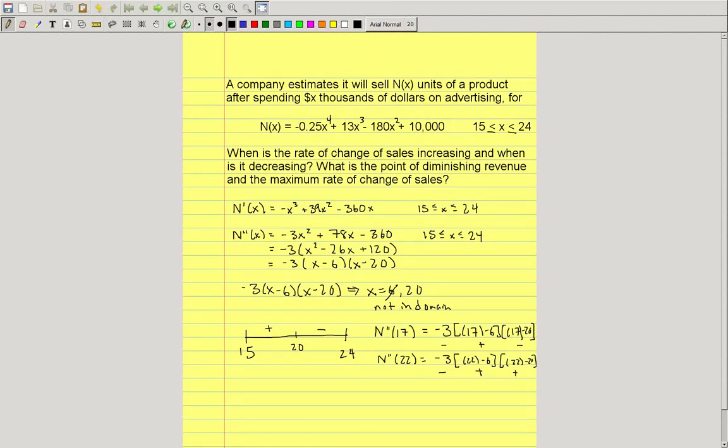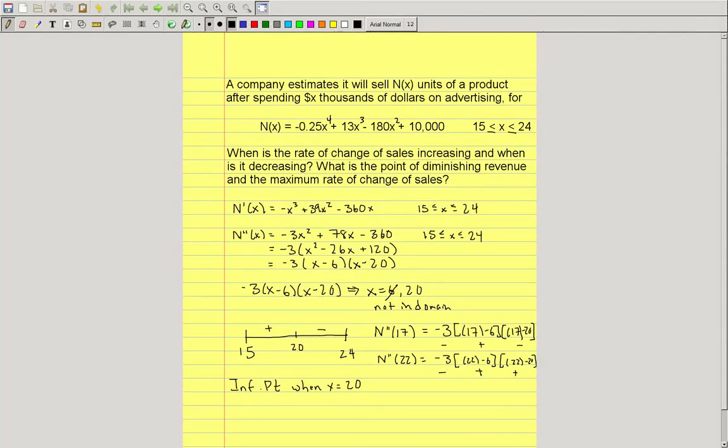We observe that there is a sign change going from increasing to decreasing of the first derivative. So we have an inflection point at x equals 20. So this tells us what we want to know. This means that this is our point of diminishing returns.